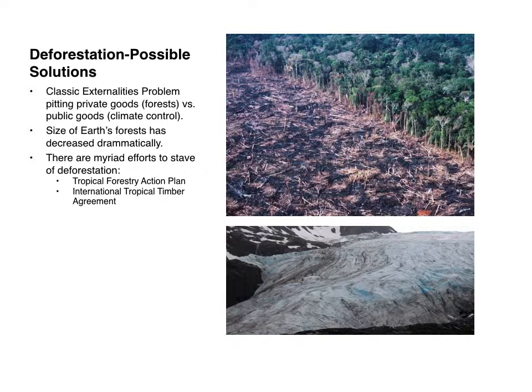It's a binding commodity agreement between consumers and producers of tropical timber, so as to probably put some limits on the cutting of tropical timber. And these efforts, which your book talks about along with a couple of others here, are laudable, but the initiatives are difficult to implement, monitor, and enforce.